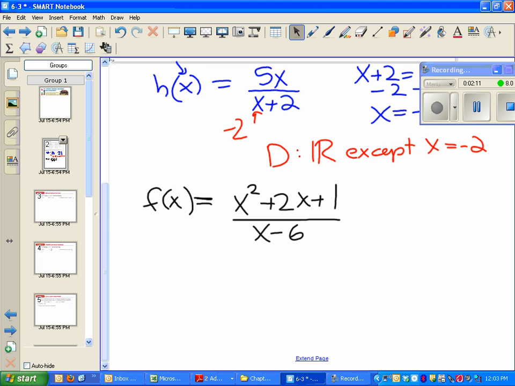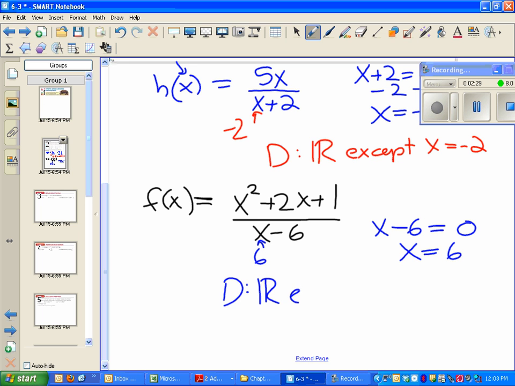So I look at the denominator, and you could probably guess it right now, but just in case you can't, x minus 6 is equal to 0. When I solve for x, I get x equals 6, which means if I plug 6 in for my x, I'm going to end up dividing by 0. So our domain is going to be all real numbers except x equals 6.